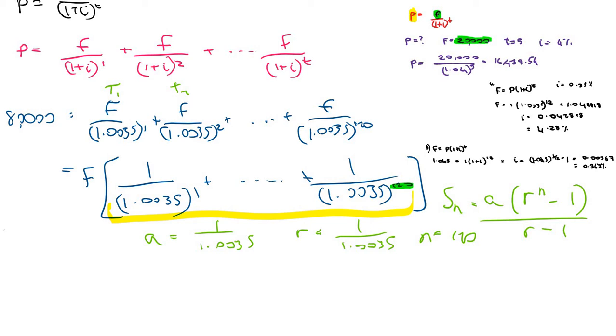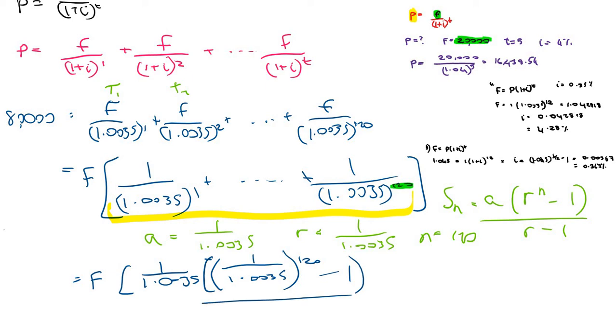If I put this in here, I have f outside of 1 over 1.0035, all outside of 1 over 1.0035 to the power of 120 minus 1, all over 1 over 1.0035 minus 1.